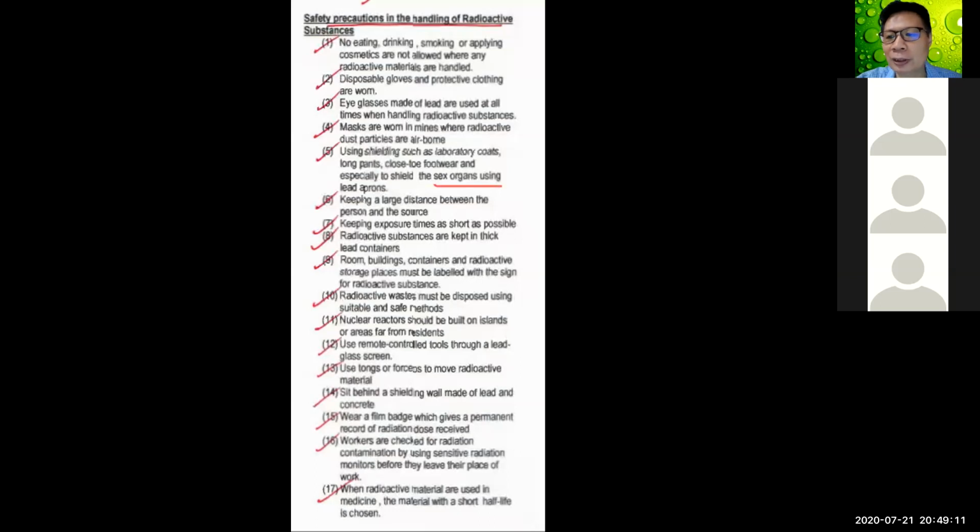One more, Xin Fei. Three answers, you have two already. Wear a mask, using shielding, and one more. Keep a distance, yes, correct. Keep a distance from the source. Don't go so near. Okay, thank you, Xin Fei.